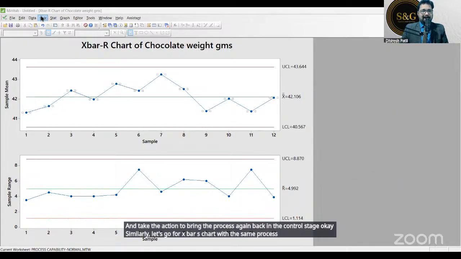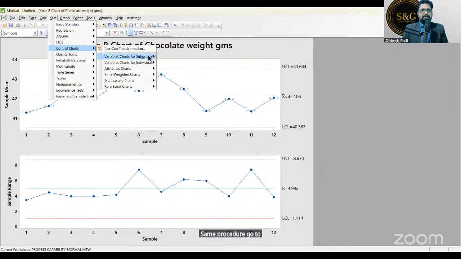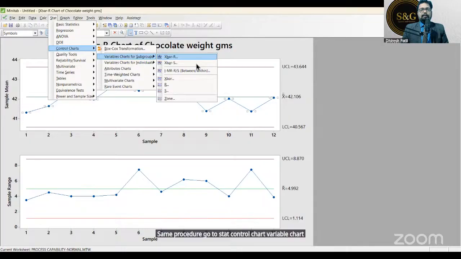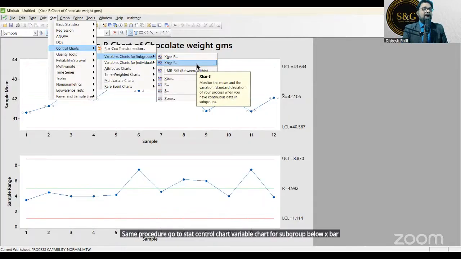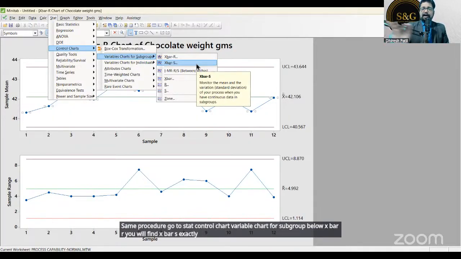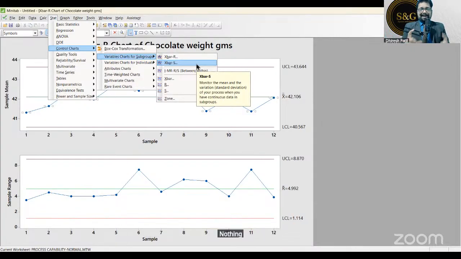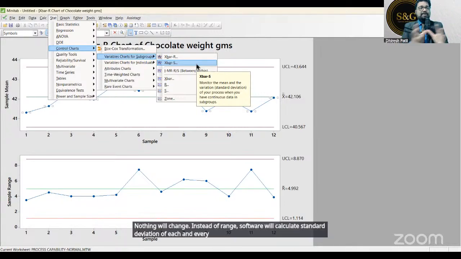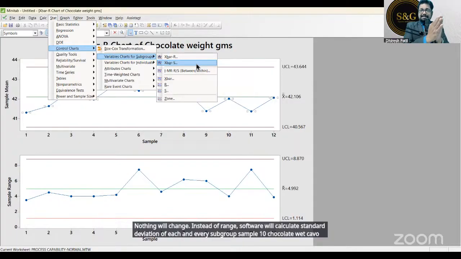Same procedure, go to stat, control chart, variable chart for subgroup. Below X bar R, you will find X bar S. Exactly same process. Nothing will change. Instead of range, software will calculate standard deviation of each and every subgroup sample. It will take the standard deviation of the 10 chocolate weights and it will get plotted.